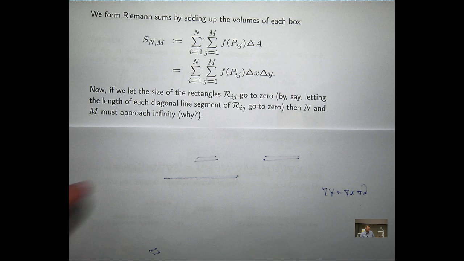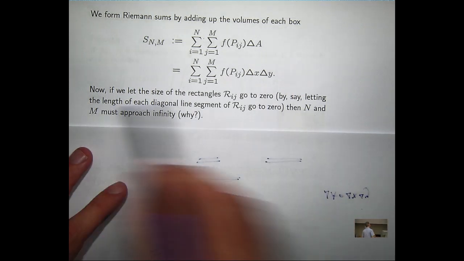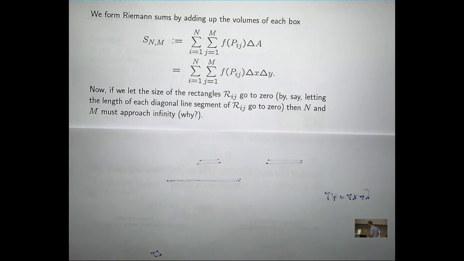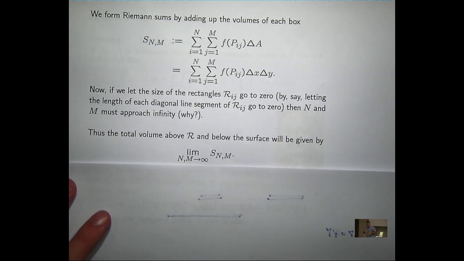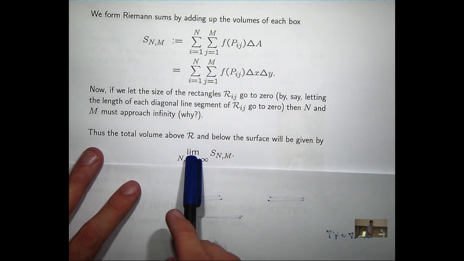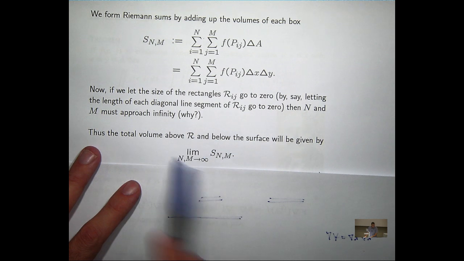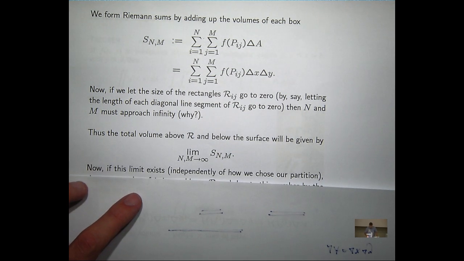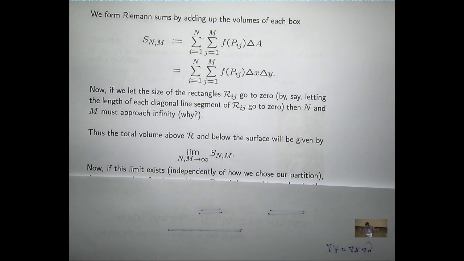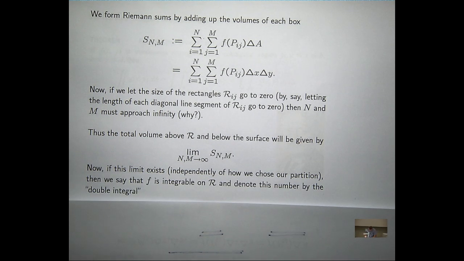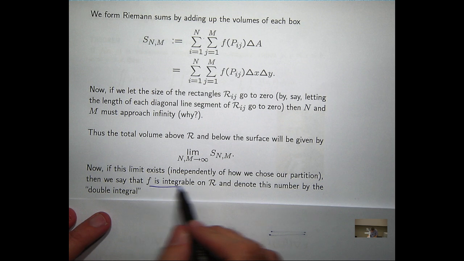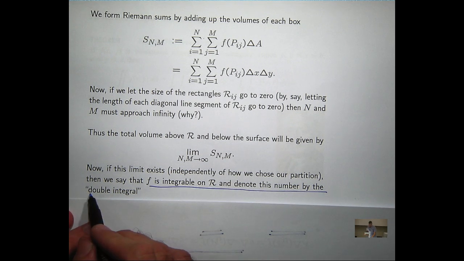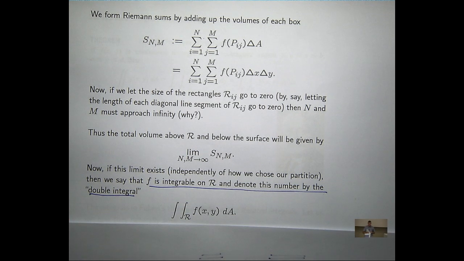And if that happens, then the number of cuts will go to infinity, big N and big M. So you take limits as big N and big M go to infinity. And if this limit exists, independently of how we slice up our region, then we say f is integrable on our rectangle R, and we denote that number by this double integral.